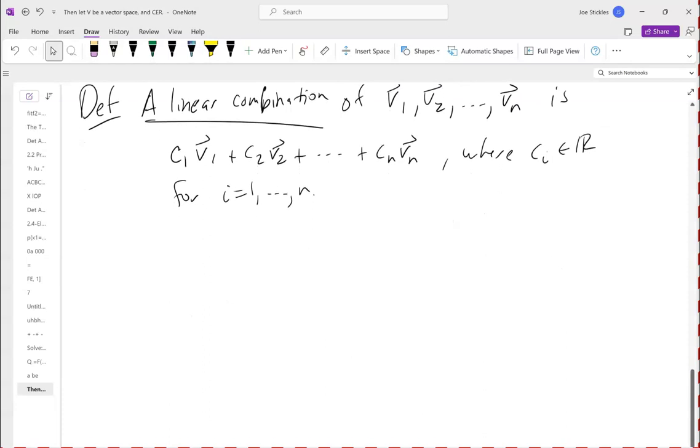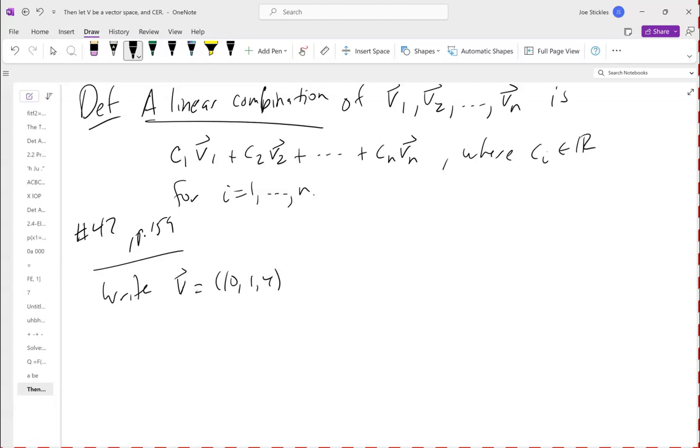Let's say they ask you, this is number 47 in your text. They say write the vector, they called it V in this case, 10, 1, 4 as a linear combination. And I'll typically abbreviate linear combinations so I don't have to write it over and over again.